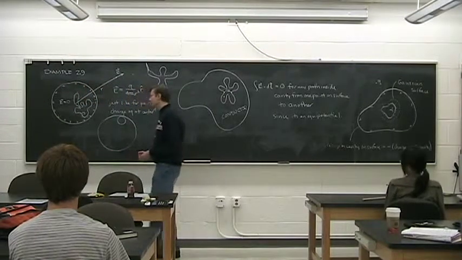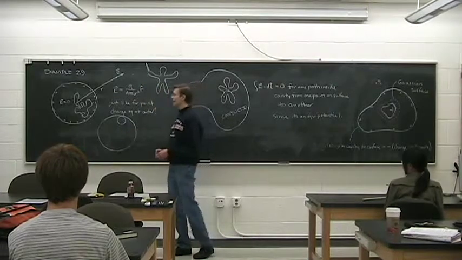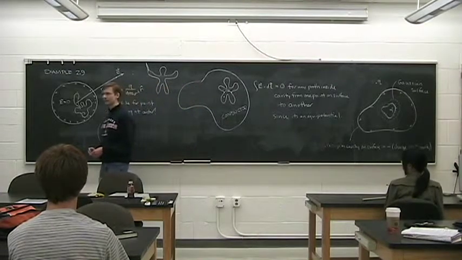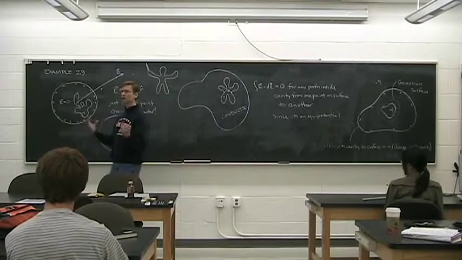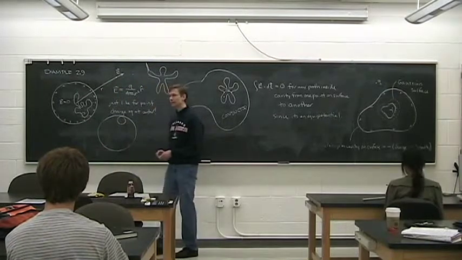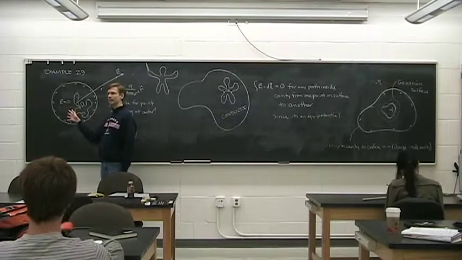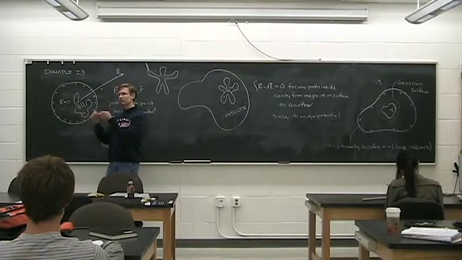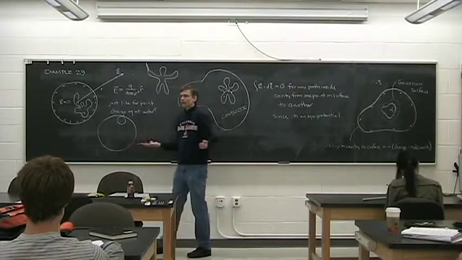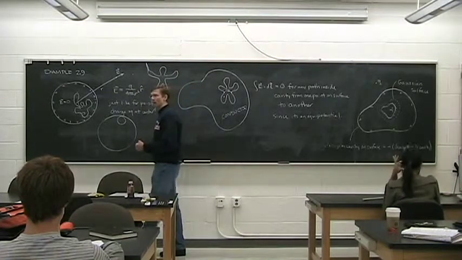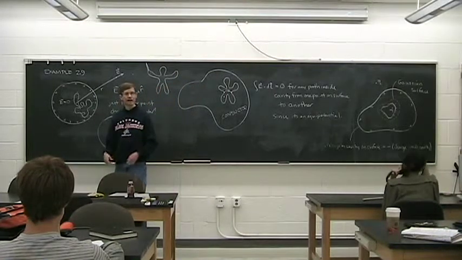So if we can assume that you really can have electrostatics with conductors, that there is a configuration where all the charges are stationary in equilibrium, it has to be true that the electric field is 0 at every point inside the conductor, because a conductor is filled with free charges which are capable of flowing around inside of it.